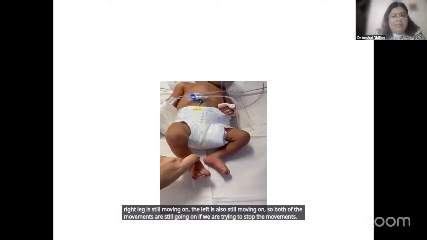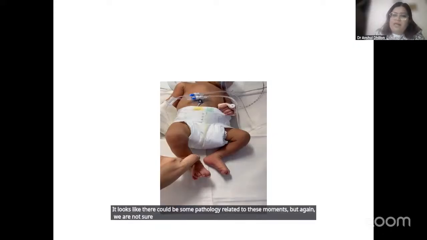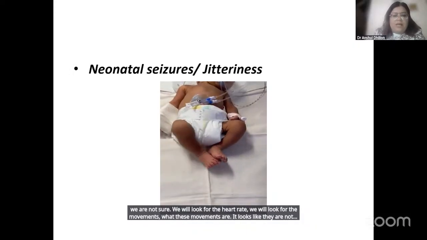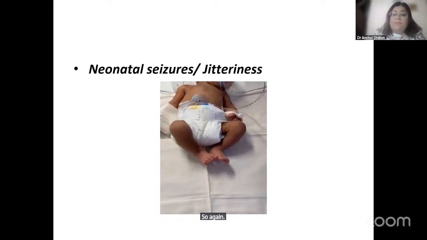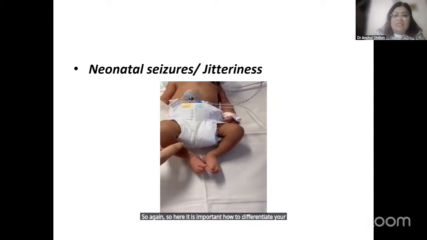It looks like there could be some pathology related to these movements, but again, we are not sure. We will look at the heart rate and the movements, what these movements are. It looks like they are not normal. So here it is important to differentiate neonatal seizures from jitteriness.